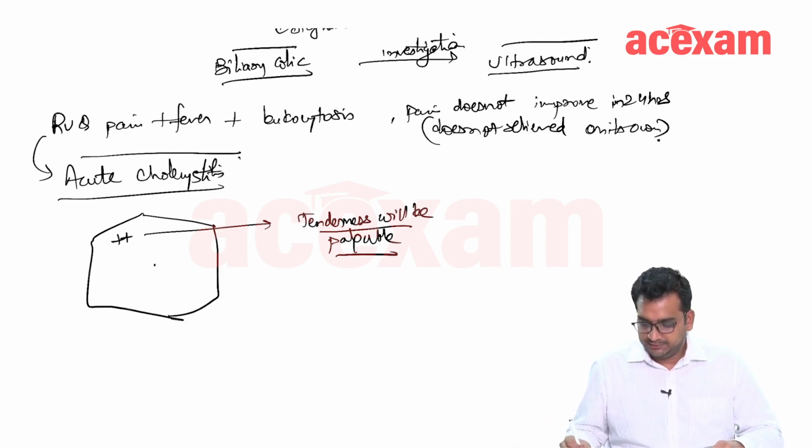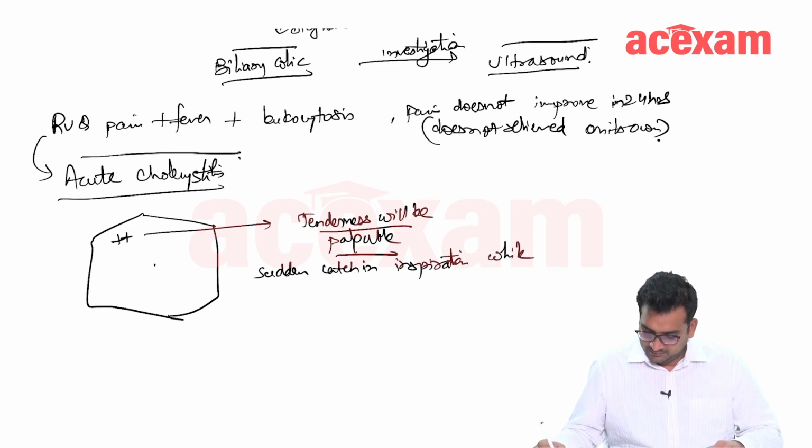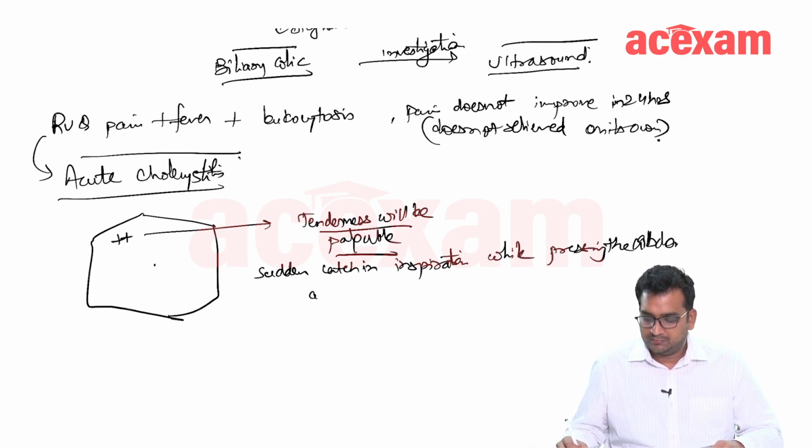So there will be a sudden catch in inspiration while pressing the abdomen along the ninth costal cartilage. This is known as Murphy's sign.